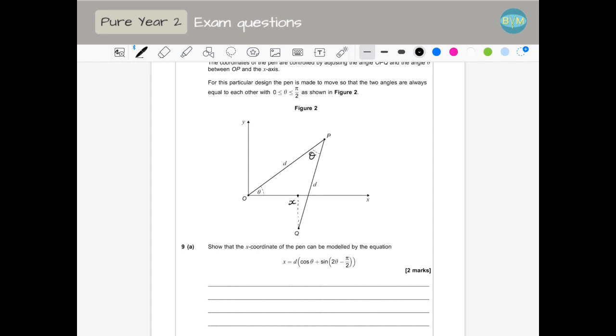There are a few ways of doing this question. I'm going to show you one, but that doesn't mean that it's the easiest or the only one.